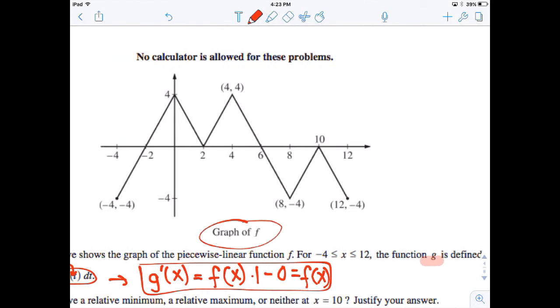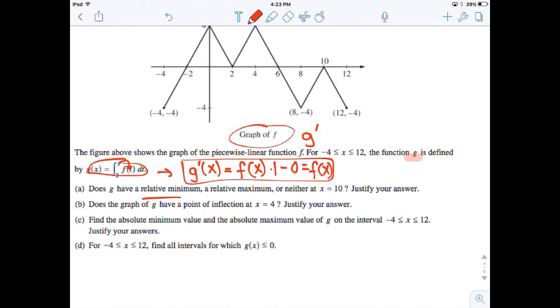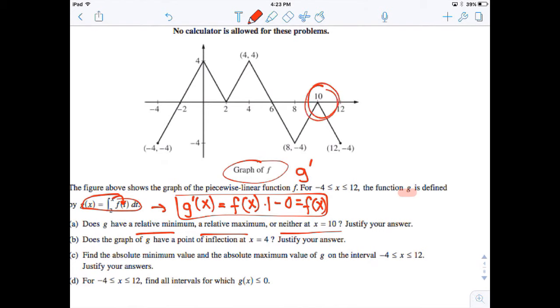So does g have a relative min, relative max, or neither at 10? Justify your answer. Well, at 10, remember that this is g prime. For it to have a relative min or relative max, g prime would need to equal 0, which it does, and g prime would need to change signs, which it does not. It goes from negative to negative.